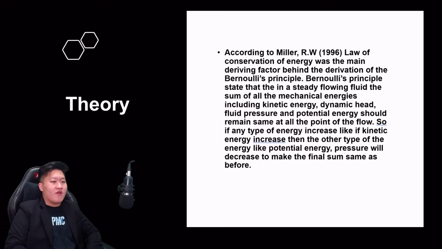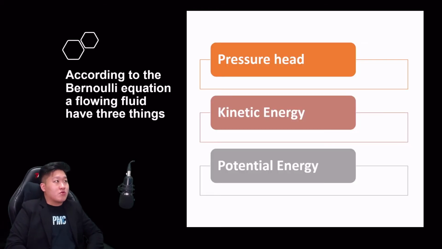So if any type of energy increases, like if kinetic energy increases, then the other types of energy, like potential energy and pressure, will decrease to make the final sum the same as before.